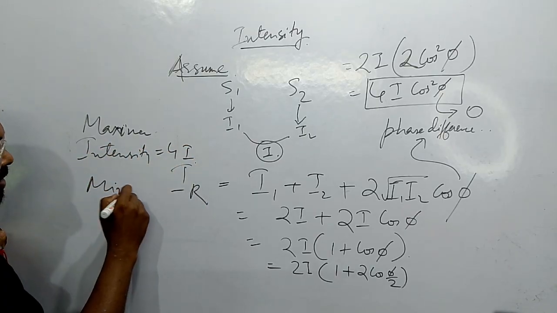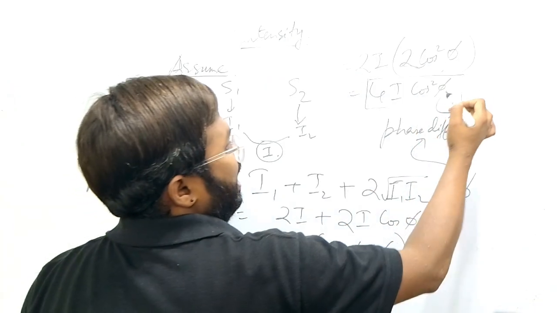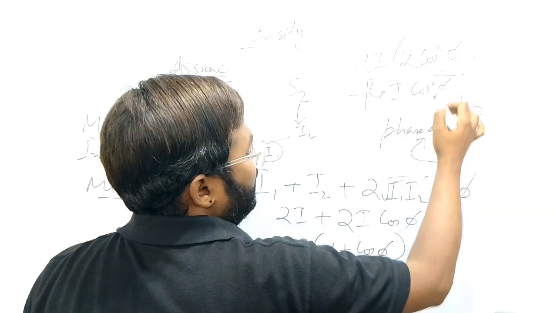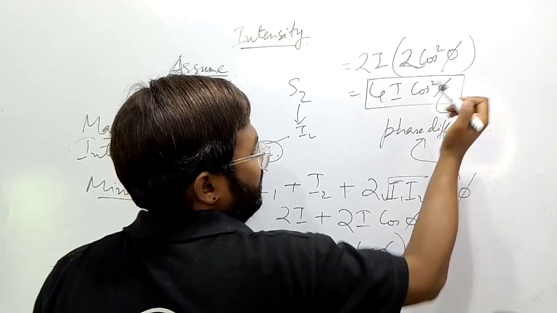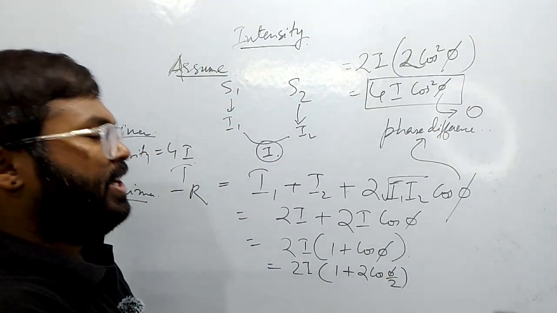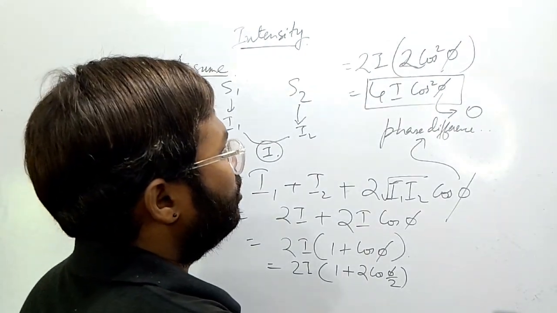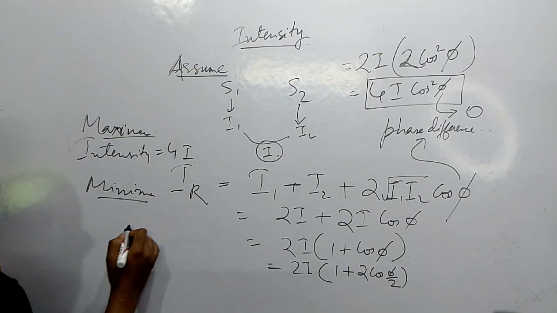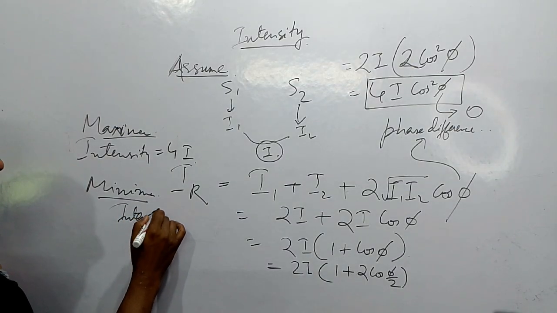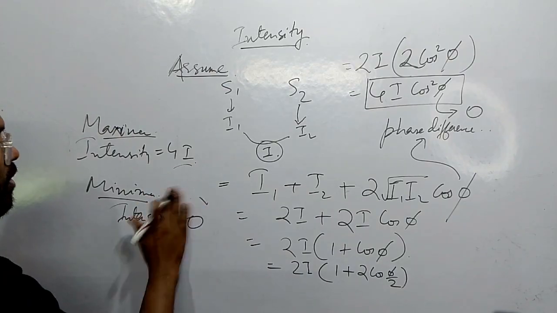And for minima, what you need to do? You need to consider this as 0 so that this becomes 0. So you take a phase difference of 180 degrees. Correct? So cos 180 degree is 0. So this whole term will be 0. So here the intensity will be 0.